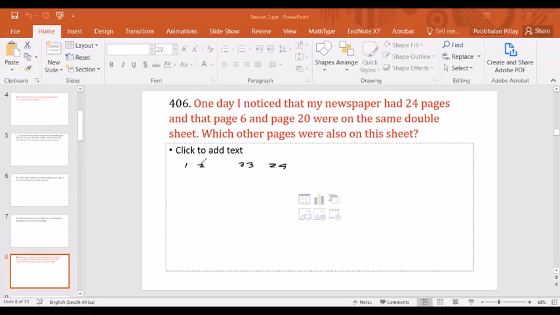So the first page, when you flip it over, you get 1 and 2. The next flip from the top when you read, you'll get 3 and 4, right?